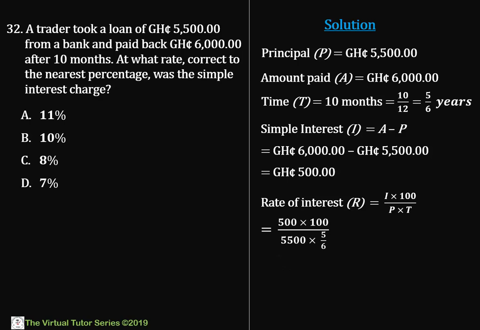Multiplying by the reciprocal of 5 over 6, we have 500 times 100 times 6 over 5,500 times 5. This results in 10.9%, which is 11% to the nearest percentage. Hence, option A is the correct answer.